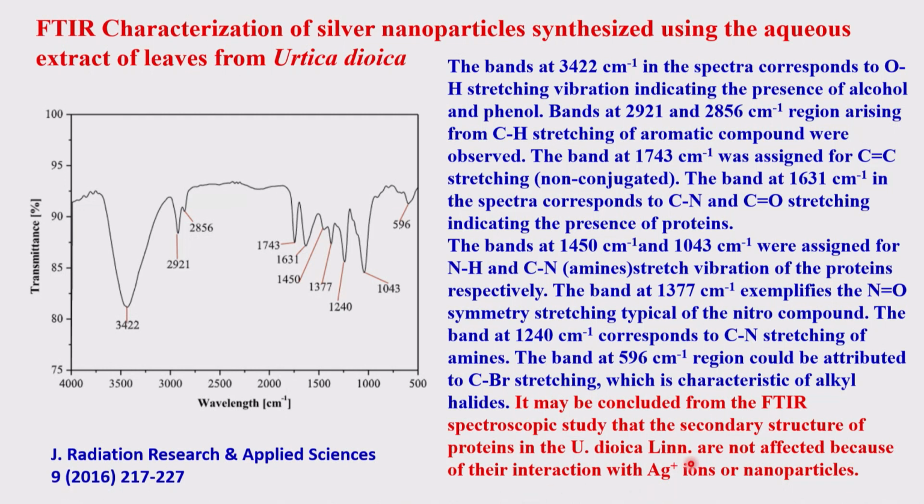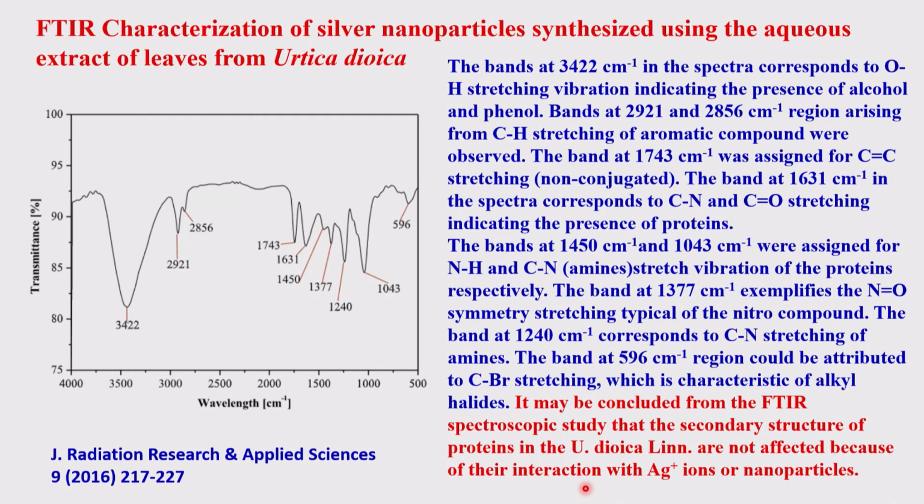There are of course a few other components also there, and you cannot exactly characterize those things, but you can say that other than protein, yes, they are also there, and they are all interacting with the silver system, but there is not much change in the secondary structural features of the protein even upon interacting with it, which means these proteins can still show their basic characteristics when you use these nanoparticles coated with such an extract medium for various purposes.